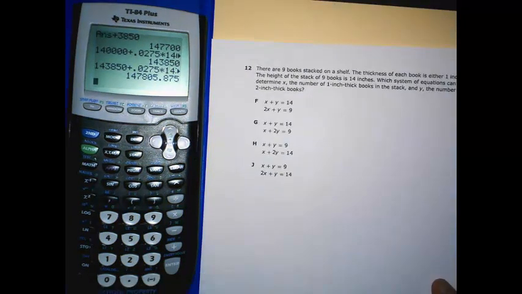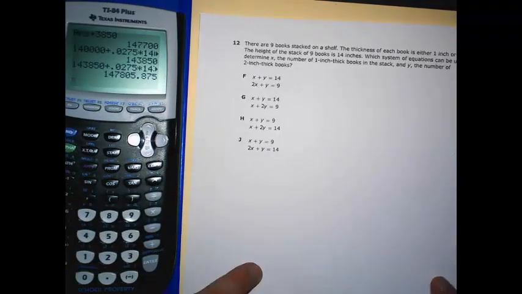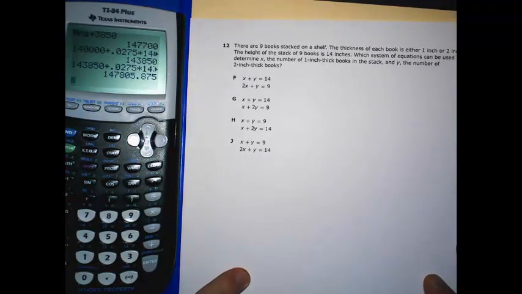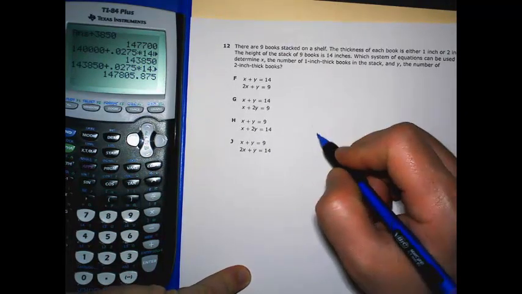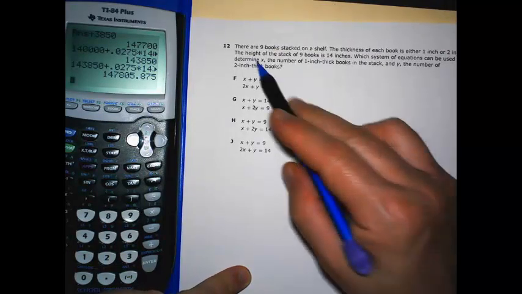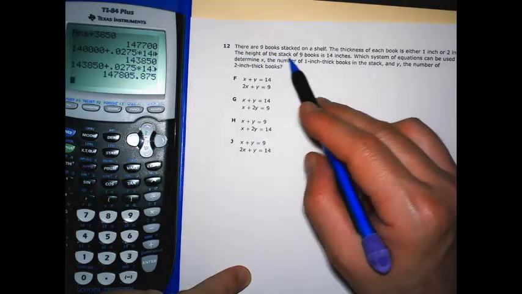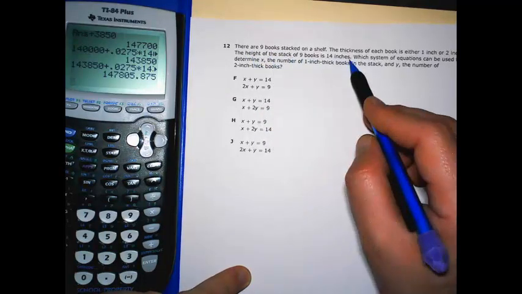Alright, next problem talks about system of equations given in a word problem, okay? So here we have, there are 9 books stacked on a shelf, okay? The thickness of each book is either 1 inch or 2 inches. And the height of the stack of 9 books is 14 inches.